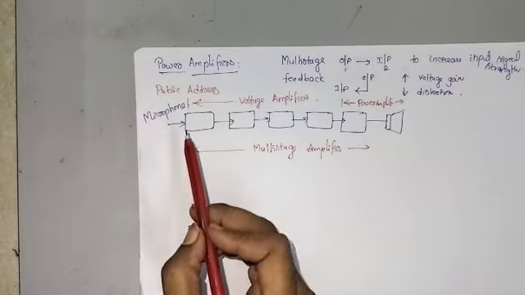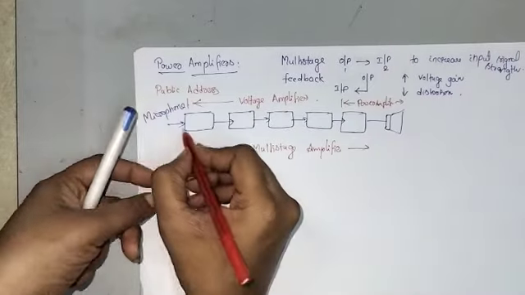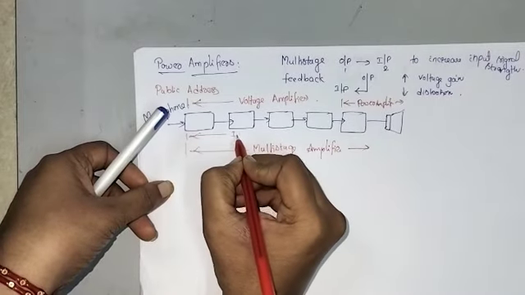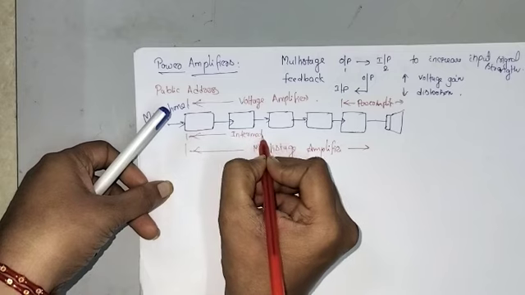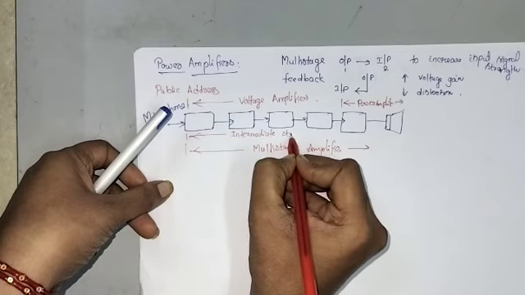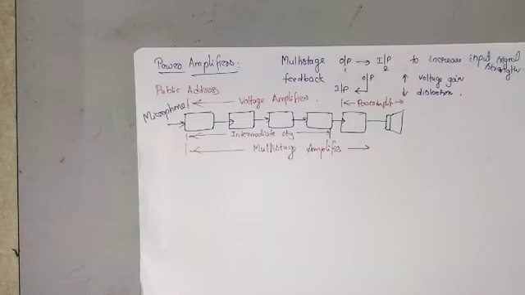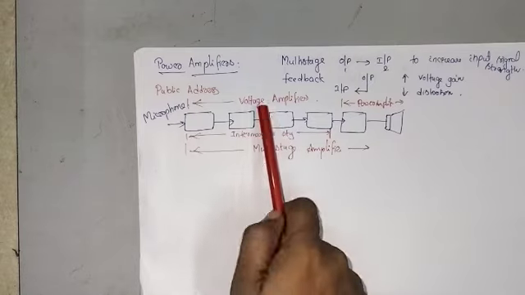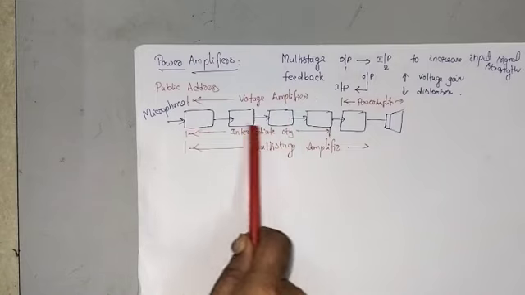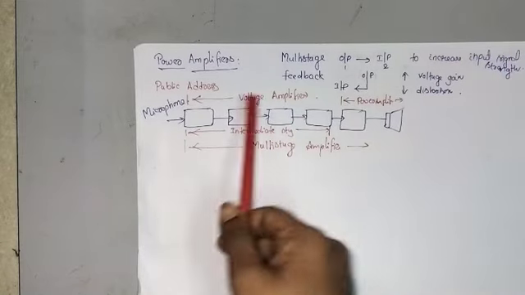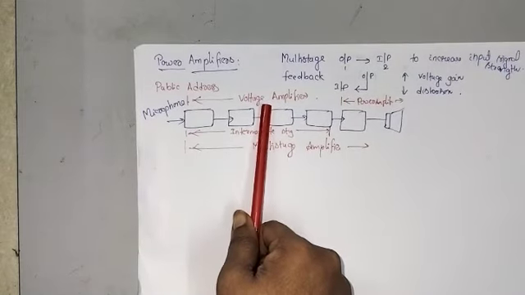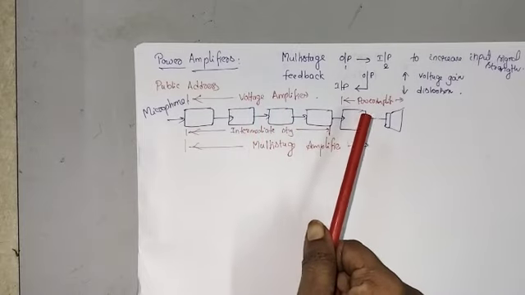The intermediate stages provide sufficient voltage gain, so these stages are called voltage amplifiers. And the final stage is the power amplifier.